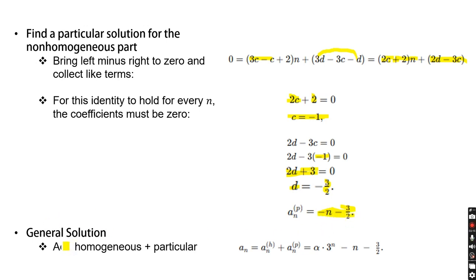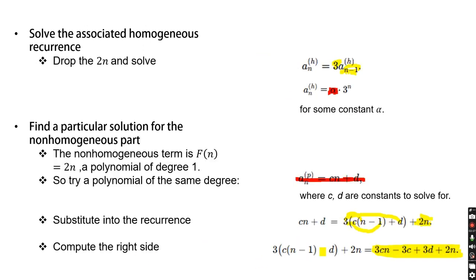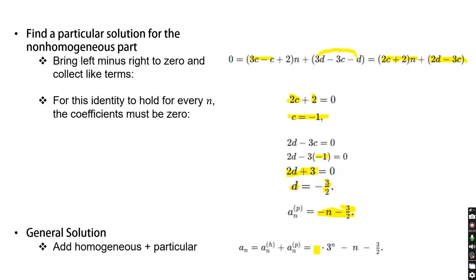So, for the general solution, we will add the homogeneous plus the particular. Again, we have A times 3^n for our homogeneous, plus our particular, which is negative n minus 3 over 2.